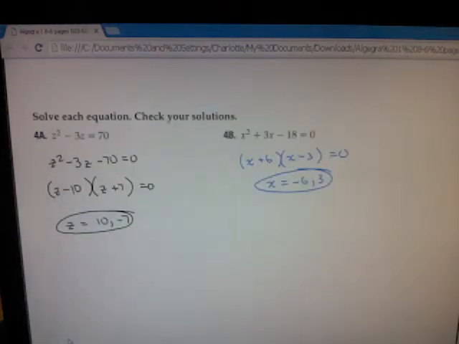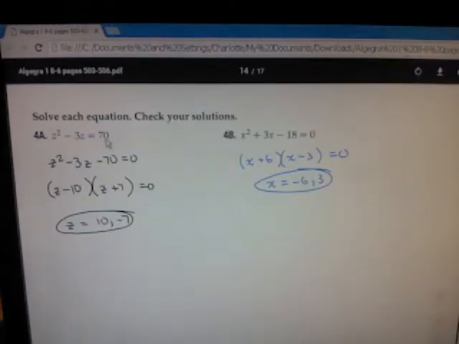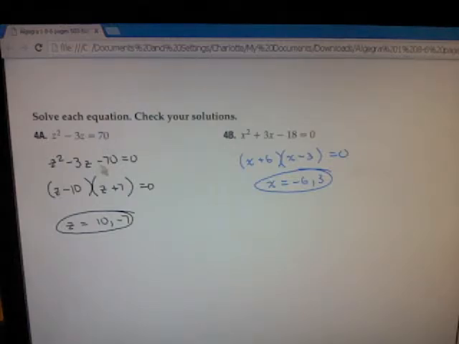Okay, so let's look at example number 1, and it says z squared minus 3z equals 70. So notice this is not equal to 0. So I need to move a positive 70. That would make it a negative 70, which is equal to 0. Then I have to ask myself, what are two numbers I could multiply together that would give me a negative 70, but when I subtract them, I get a negative 3?